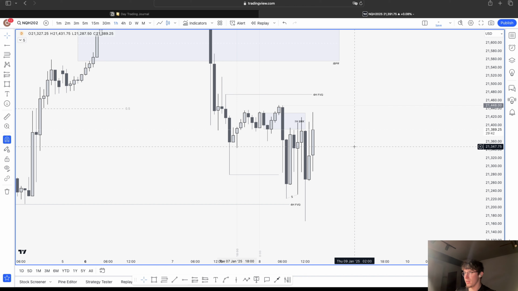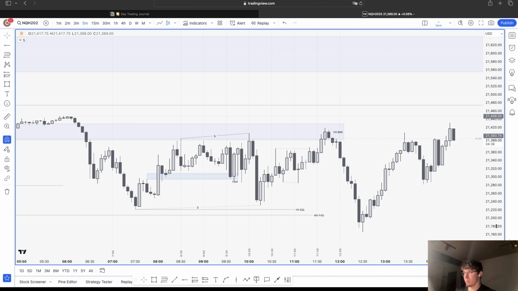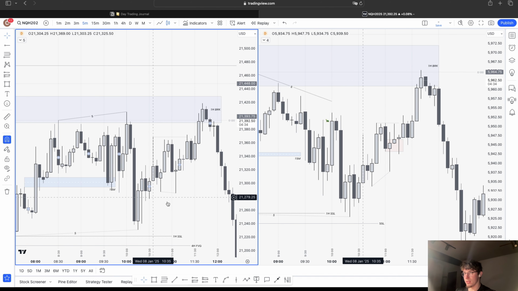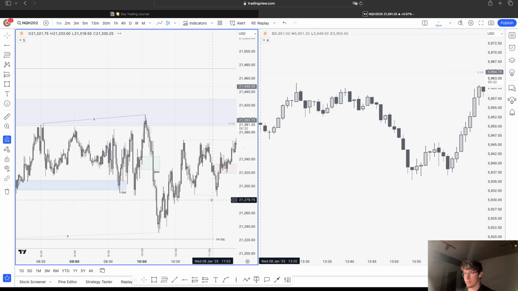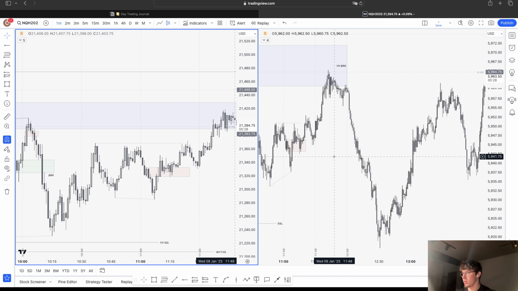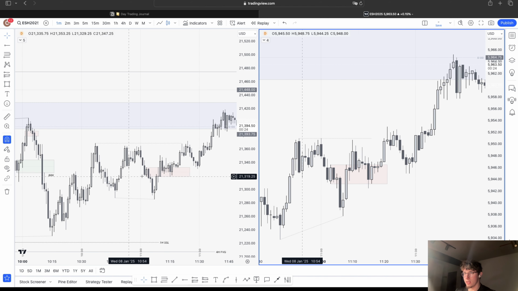Let me actually see 5 minute. But I like seeing that we were disrespecting this intermittent high, that price made a soup, and after that we had also those highs here, same on ES.